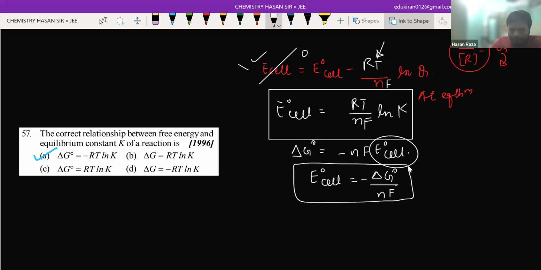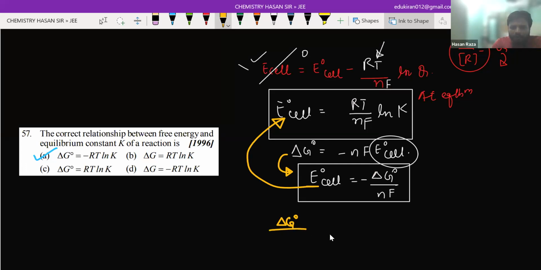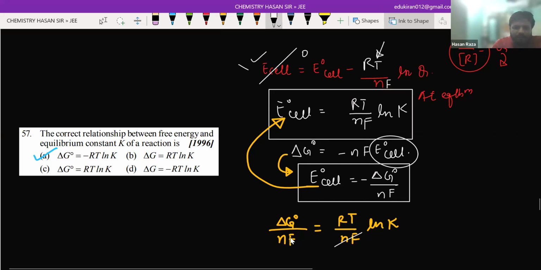Yes or no? Please do respond. From this, we can get this, and E naught cell, at the place of this, I'm going to replace, and we will get delta G naught upon NF will be equal to RT upon NF ln K. Can I write this, everyone?